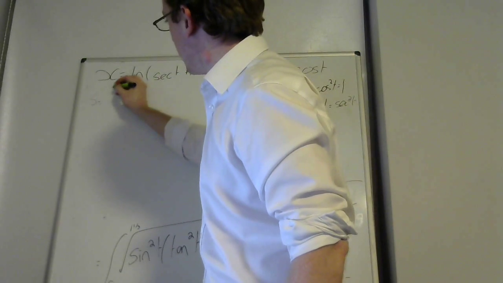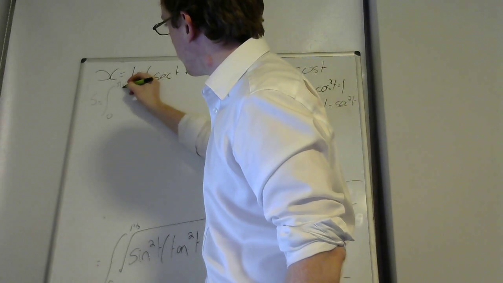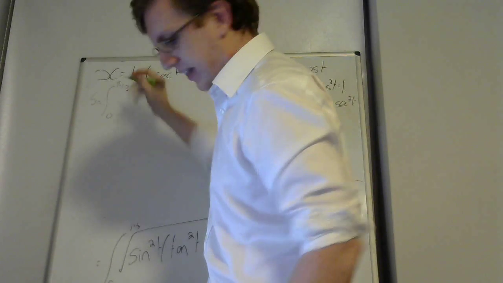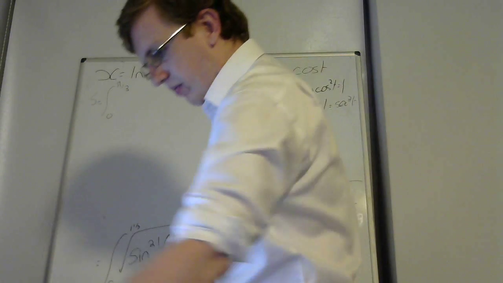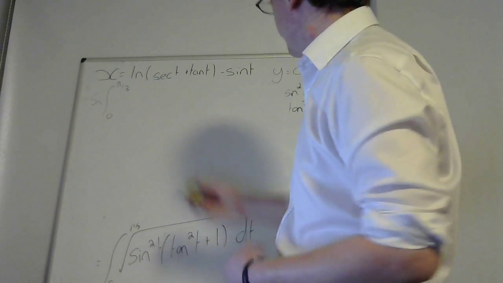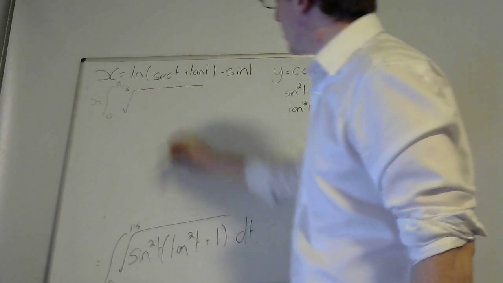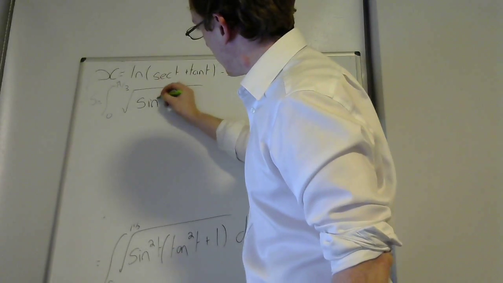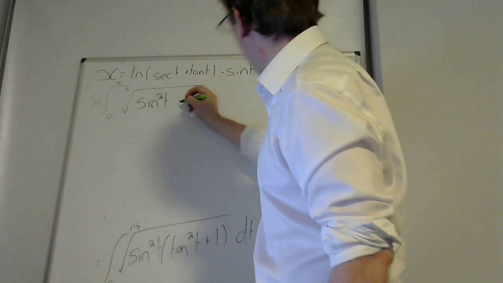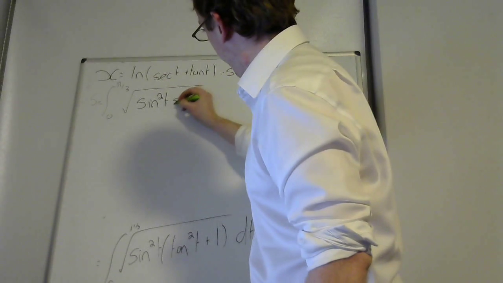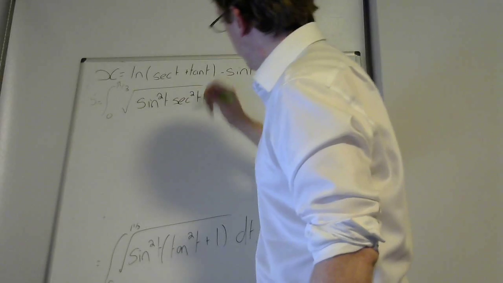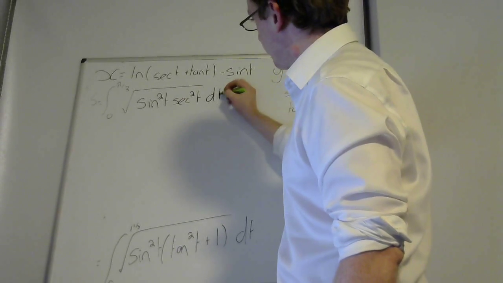So our arc length S is the integral between 0 and pi on 3 of the square root of sine squared t sec squared t dt.